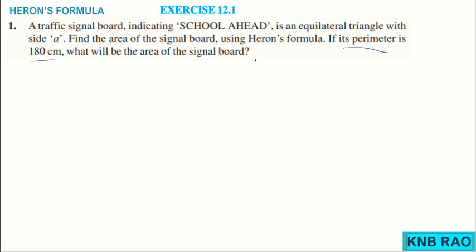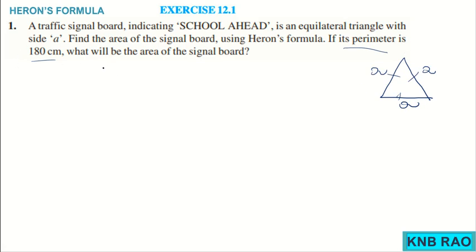So first, equilateral triangle tells that all sides are equal. That means I know all 3 sides as a because one of its sides is a.